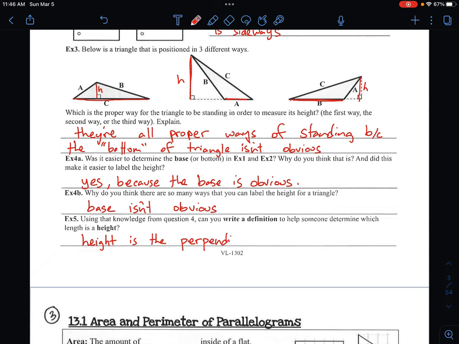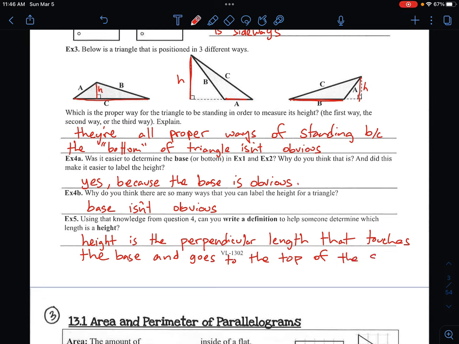Perpendicular length that touches the base and goes to the top of the shape. So I know that's not an easy definition, but it is an accurate definition.